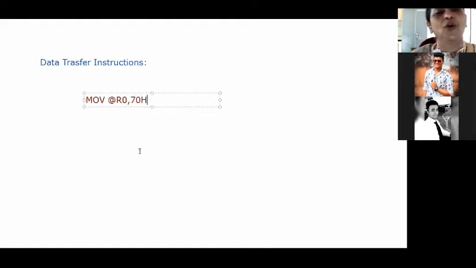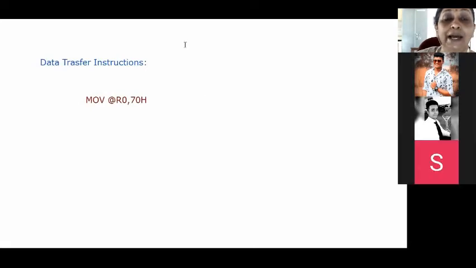Which type of addressing mode is this, students? So first try to identify the addressing mode. Indirect addressing mode, or sometimes it is also called indirect register addressing mode. Okay. So can you identify source and destination in this?